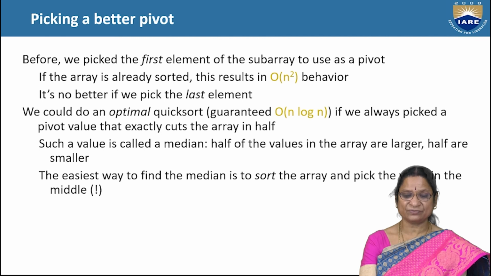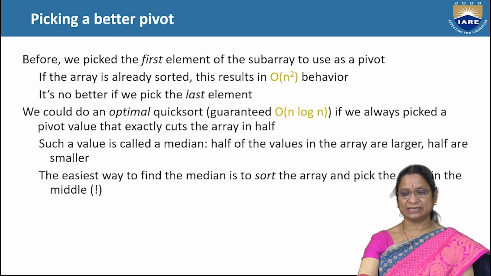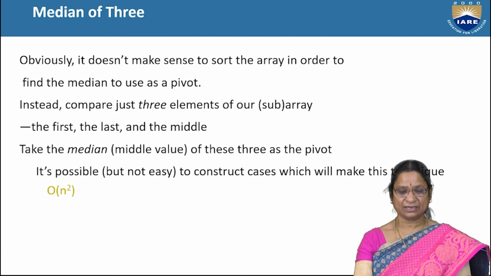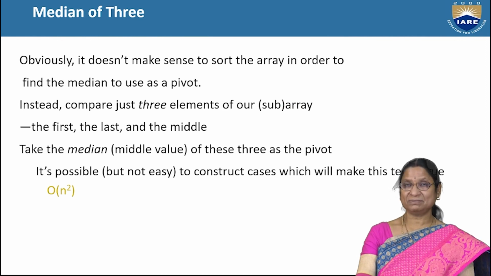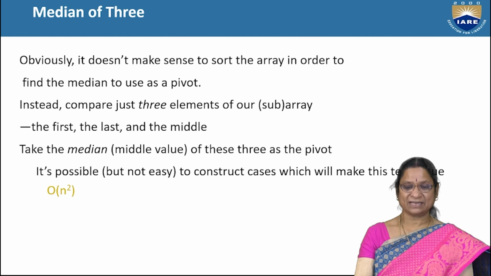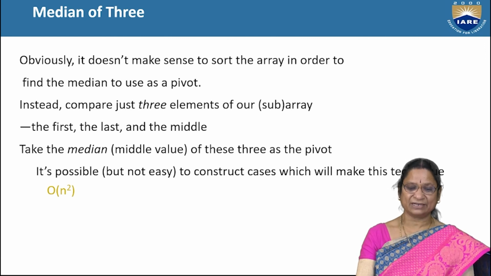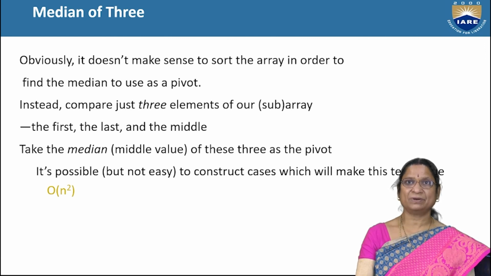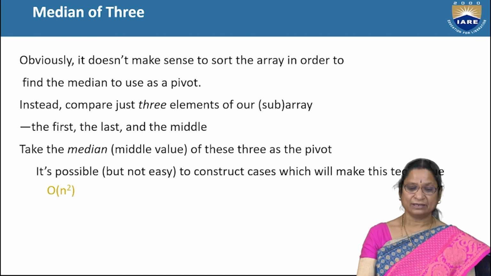The easiest way to find the median is to sort the array and pick the value in the middle. Again, sorting will take more time. So it does not make sense to sort the array in order to find the median to use as a pivot element. Instead of that, compute just 3 elements of our subarray, that is first, last and middle, and take the median of these 3 elements.